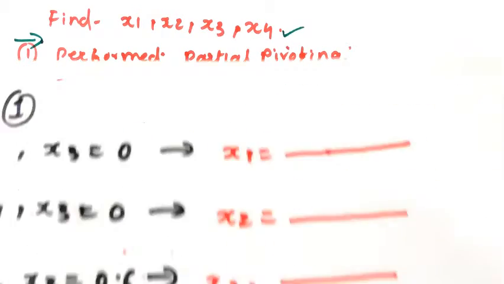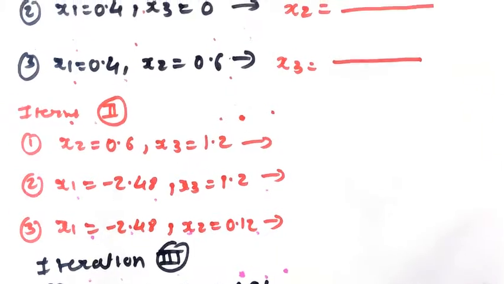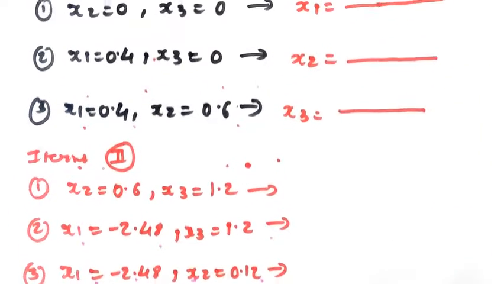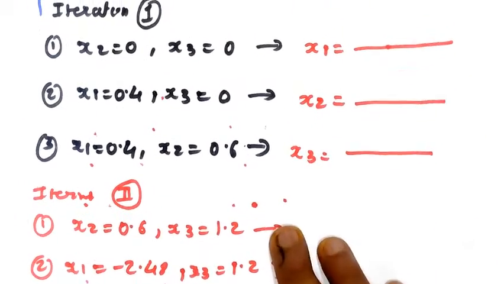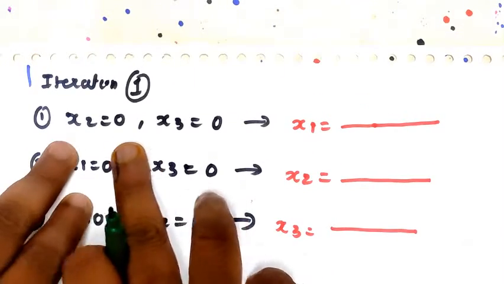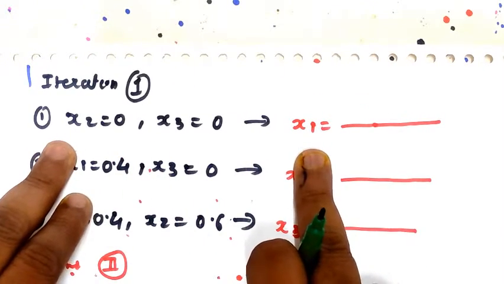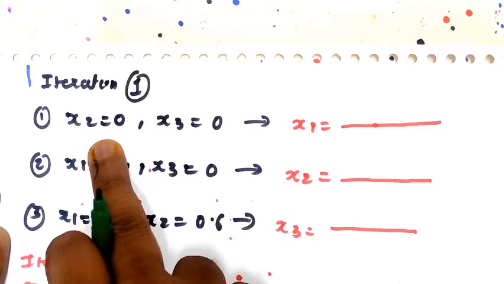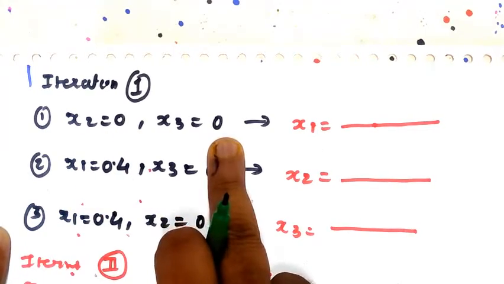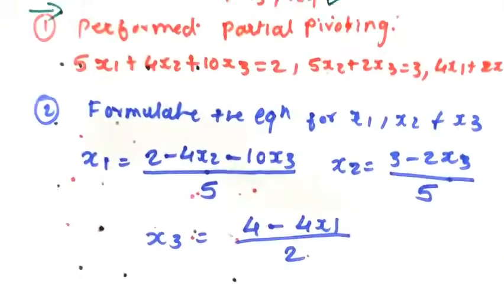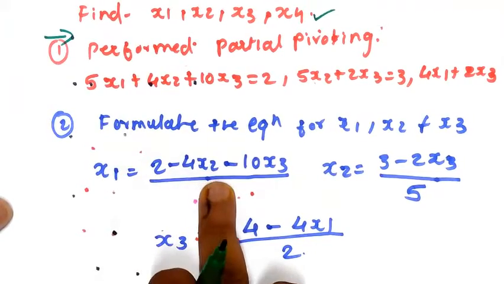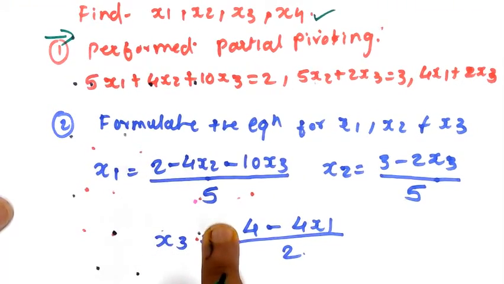Let's go for the first iteration. First, you have to find the value of x1. For that you have to put the values of x2 and x3 equal to 0. The equation of x1 is (2 minus 4x2 minus 10x3) divided by 5.